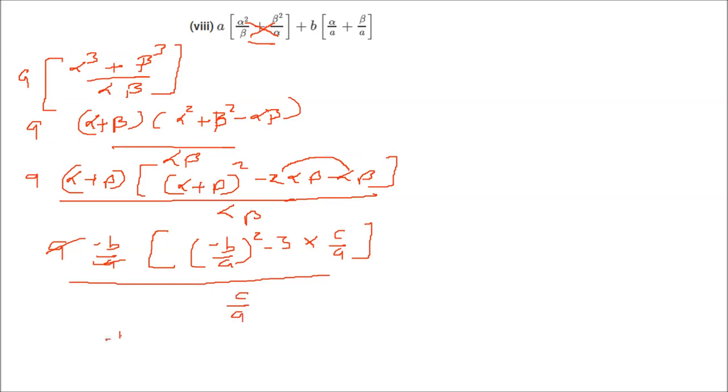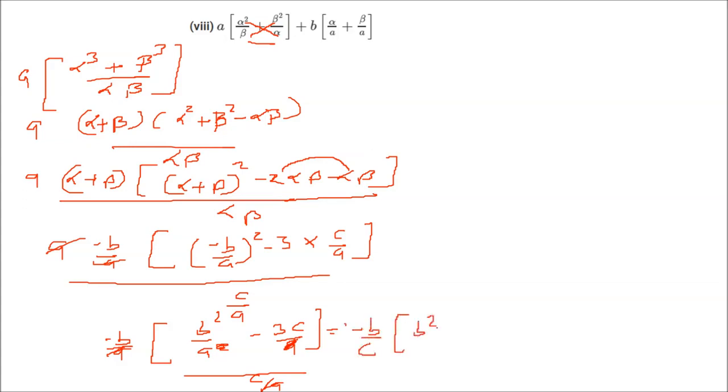So this is minus b, this will be b square by a square minus 3c by a, and this is your c by a. So what you can do here is, you can take a common from here, and a gets cancelled. So this will be equal to minus b by c, b square by a minus 3c. This will be your one term.